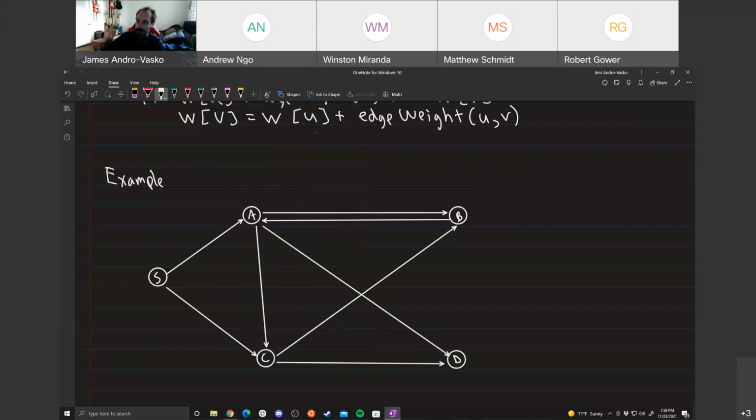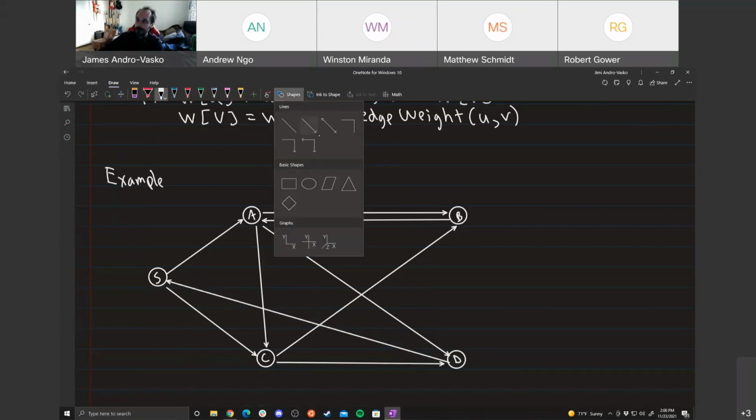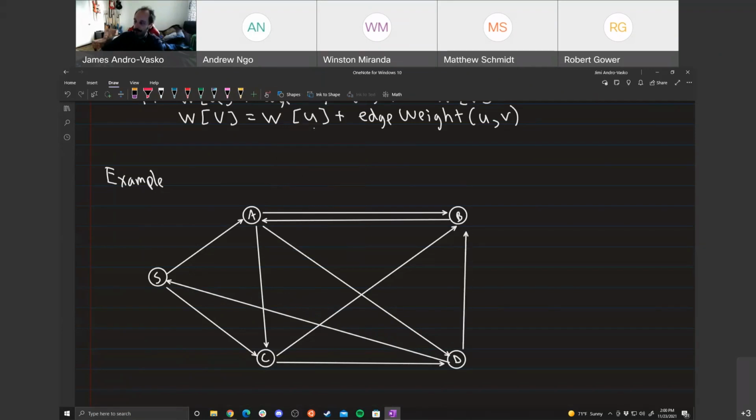I think it cuts into the other line right there. No, it cuts into that one. Okay, let's try one more time. Yes, the key to any graph algorithm is, of course, the first hard step: drawing the graph. And let's see, we have D goes to B. I hope that's it.